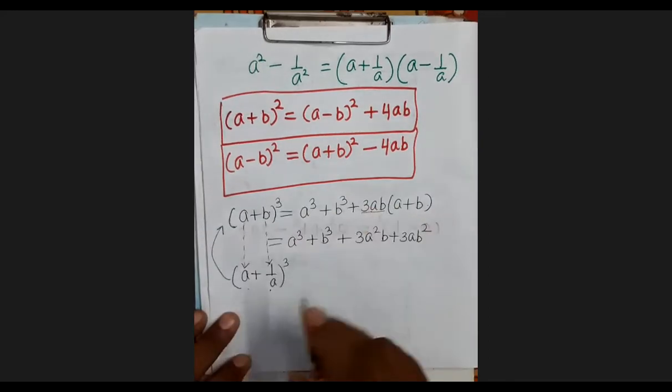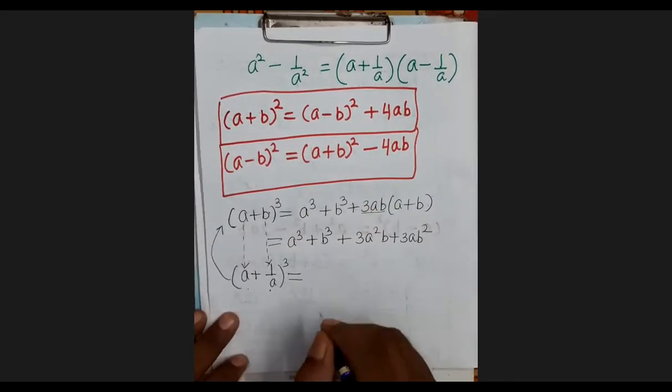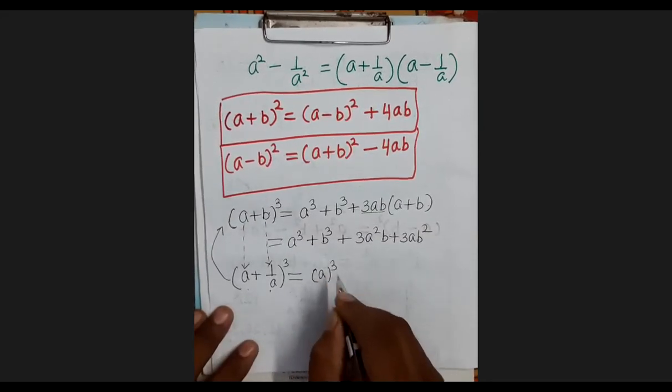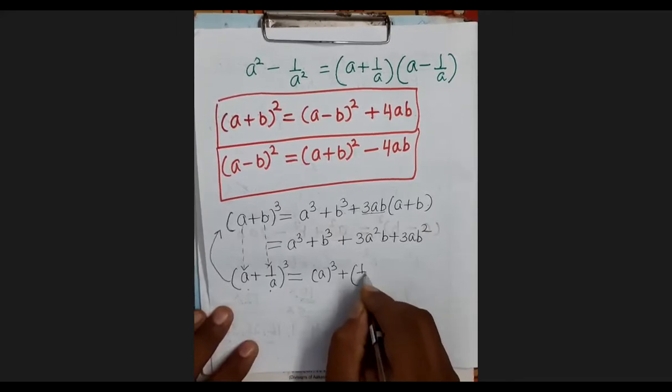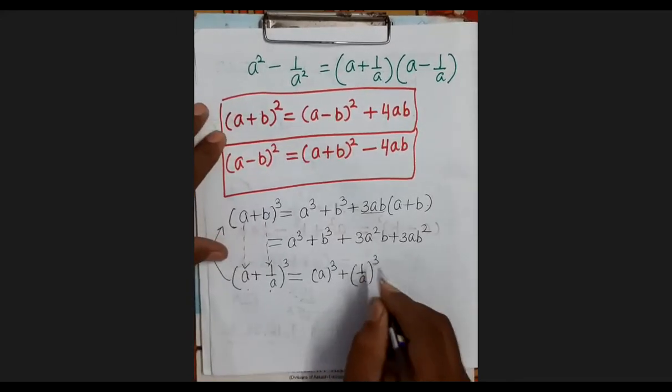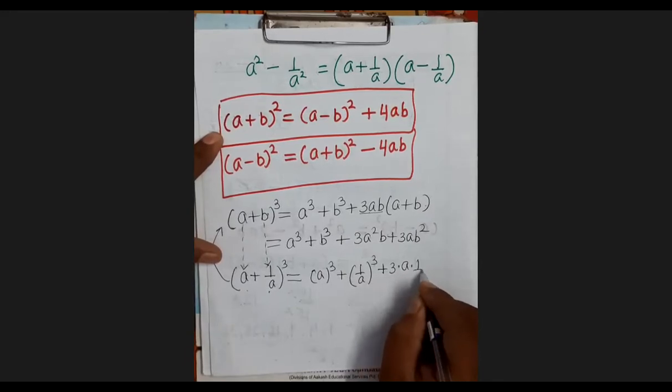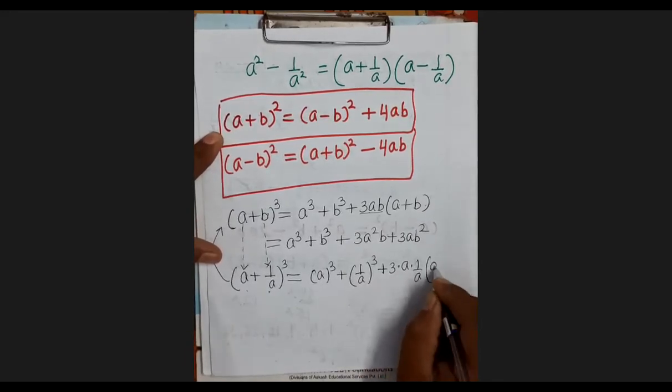So when you substitute here, it is A cube plus 1 upon A cube plus 3 into A into 1 upon A, into A plus 1 upon A.